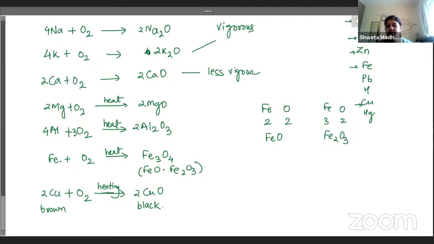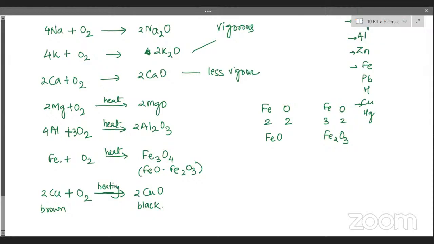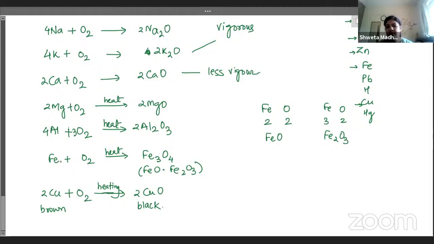But the full aluminium oxide formation needs heating. For calcium, potassium, sodium, they don't need it. They can easily combine. Clear? Yes, ma'am. The amount of heat needed for a particular element to combine and form oxide will change.